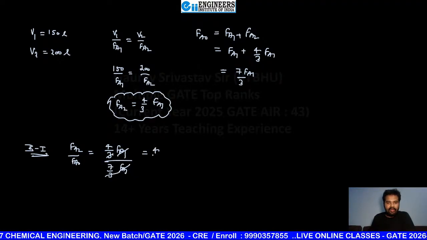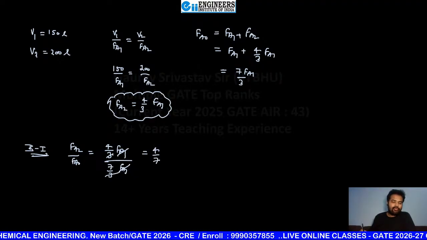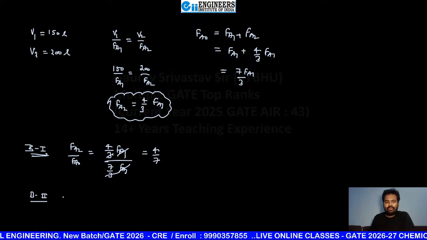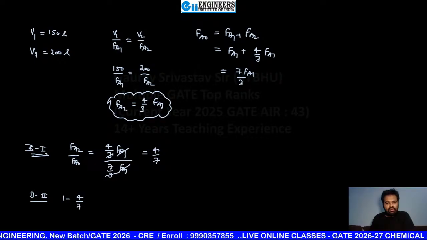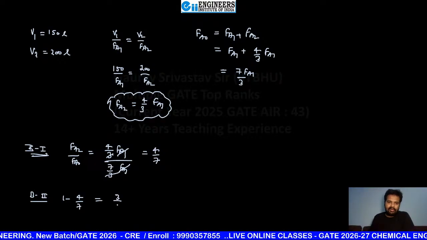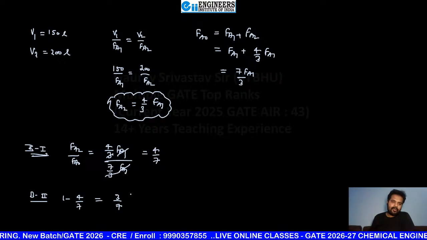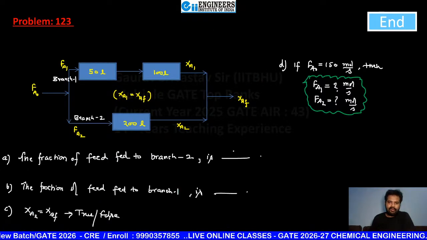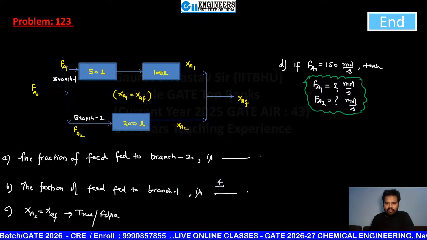Clearly it is 4 by 7. So no need to worry about branch 2 because only 2 branches are there. So you can also obtain it in this manner, beta. आप इसको ऐसे भी निकाल सकते हो directly. Okay. So 4 by 7 and 3 by 7.